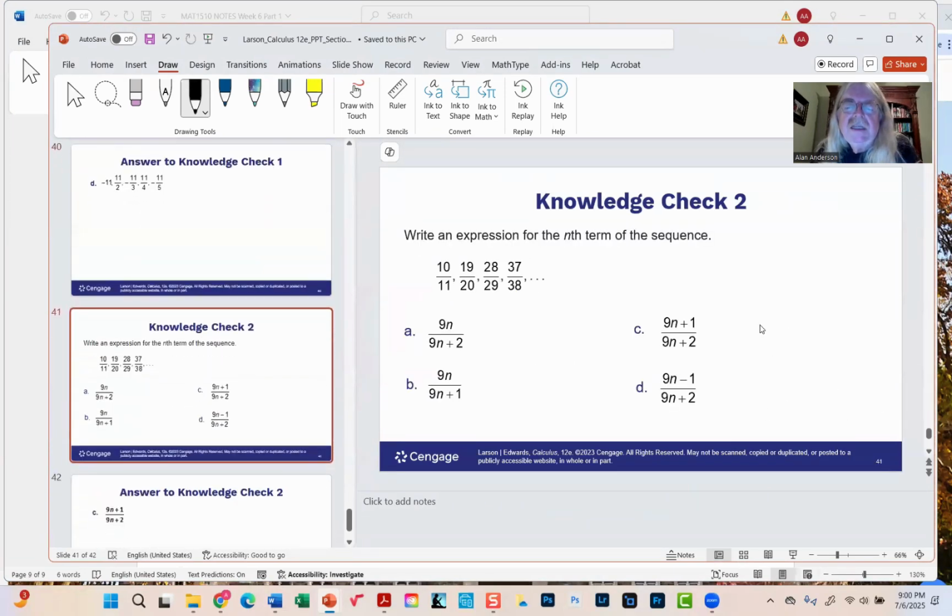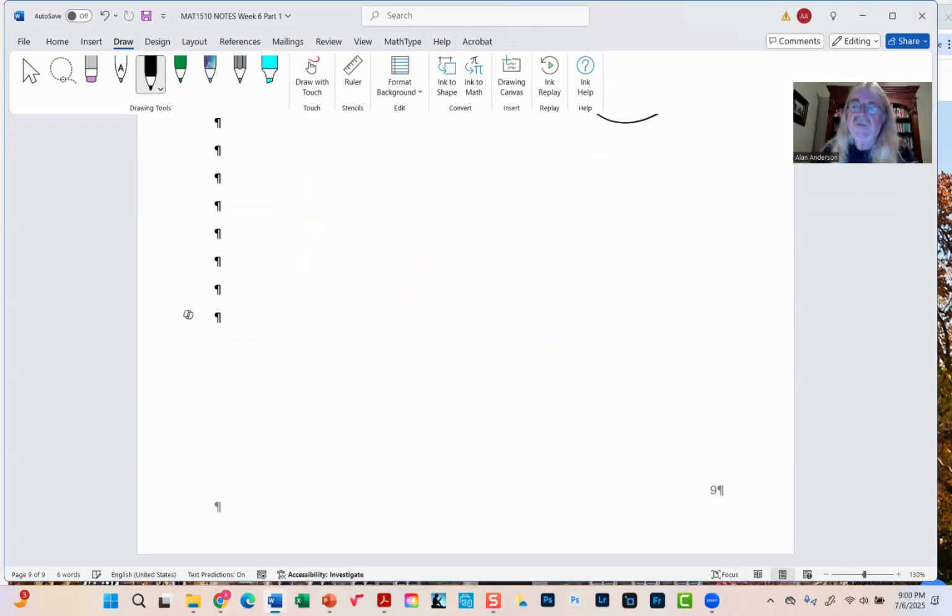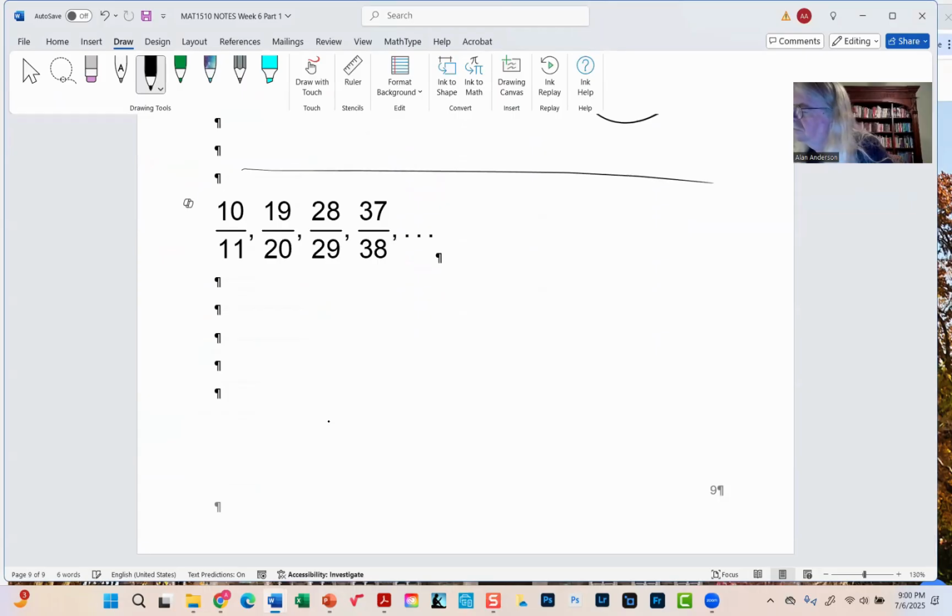All right. Now for this one, they want us to write a formula, which can be very, very tricky. So let's see. Well, it's not that simple as n plus 9, that's for sure. Or how about this? 9n plus 1.